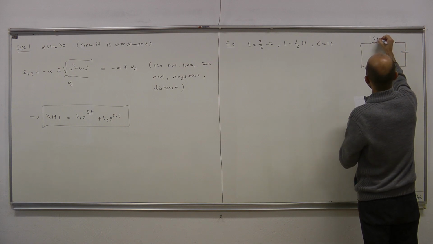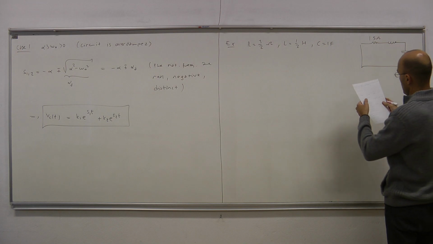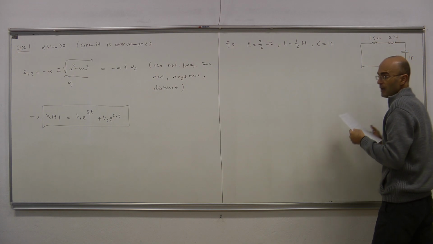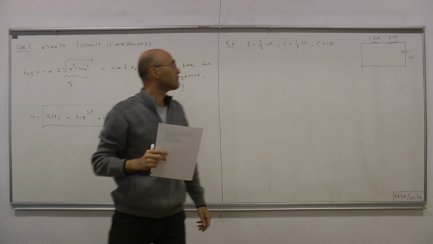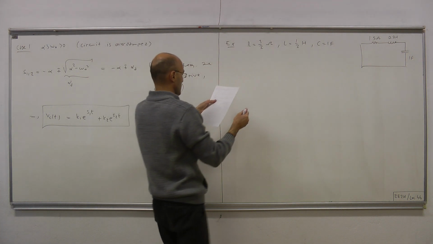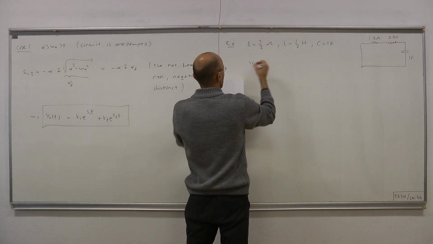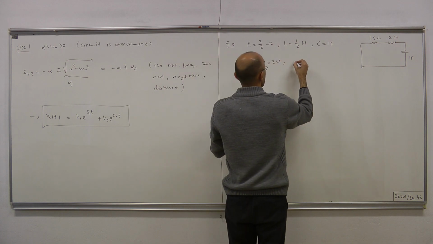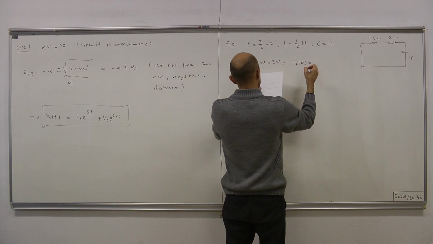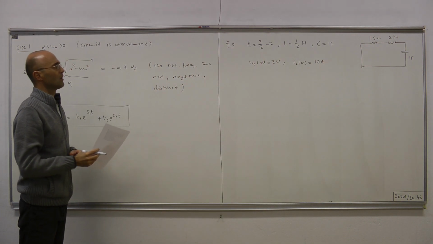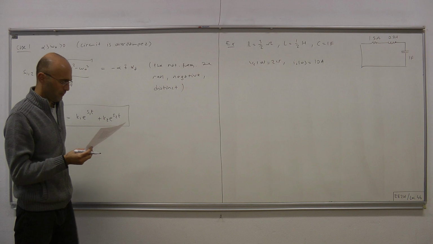Okay, so we have 1.5 ohms, 0.5 Henrys for this guy, and 1 farad for the capacitor. Now that, together with the initial conditions, Vc0 equals 2 volts and IL0 equals 10 amps, is what we will be dealing with now.